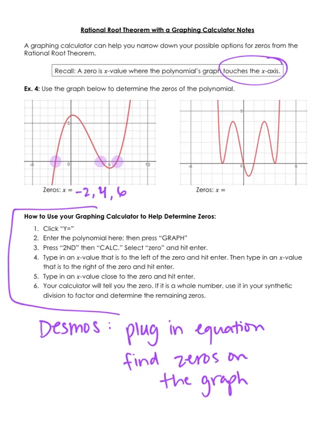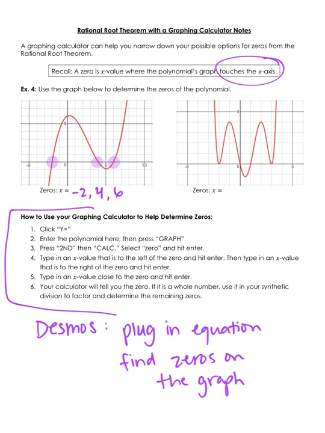Now we'll learn a little bit more about this in the next unit, but for this one, I've got here, here, here, and here. When it turns around like that, like here, that means it's got a multiplicity. It means the answer occurs twice.